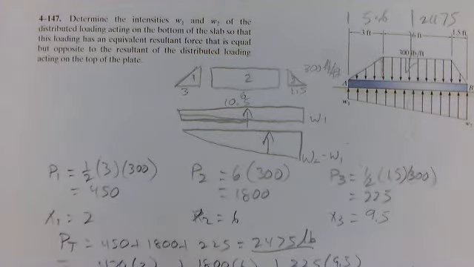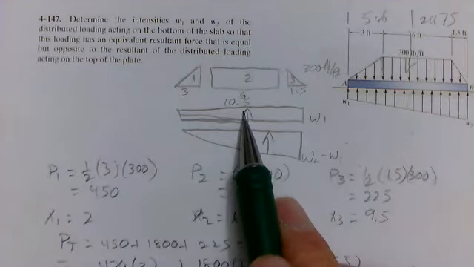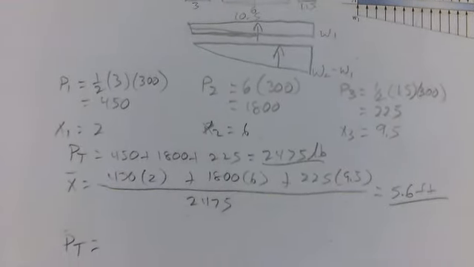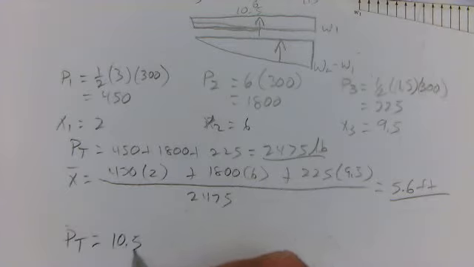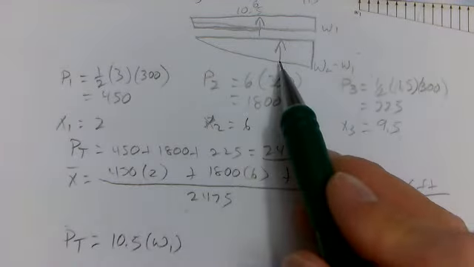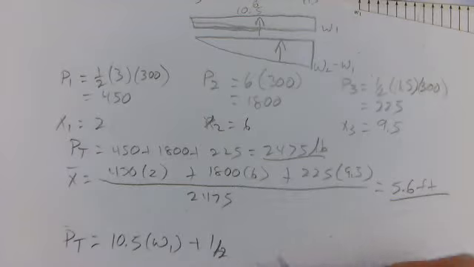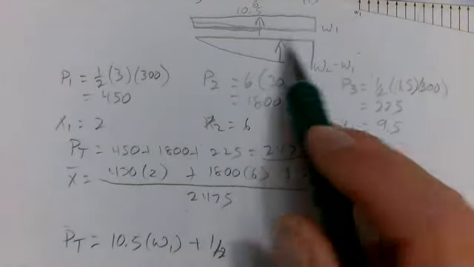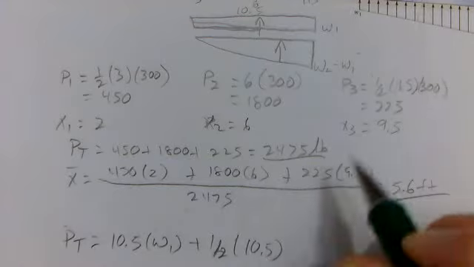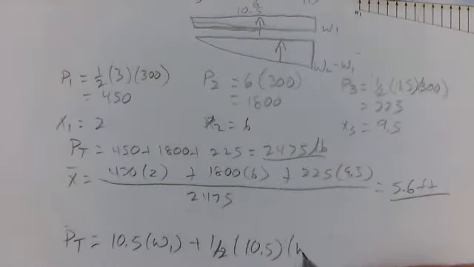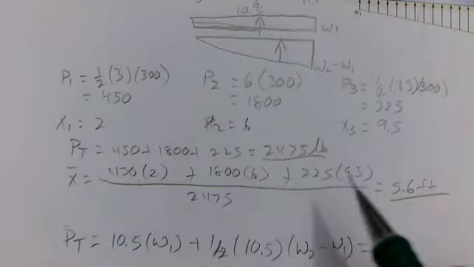So the total load is equal to 10.5 times W1, and then 1/2, because it's a triangle, of 10.5 times W2 minus W1. And we know that that is equal to 2475.